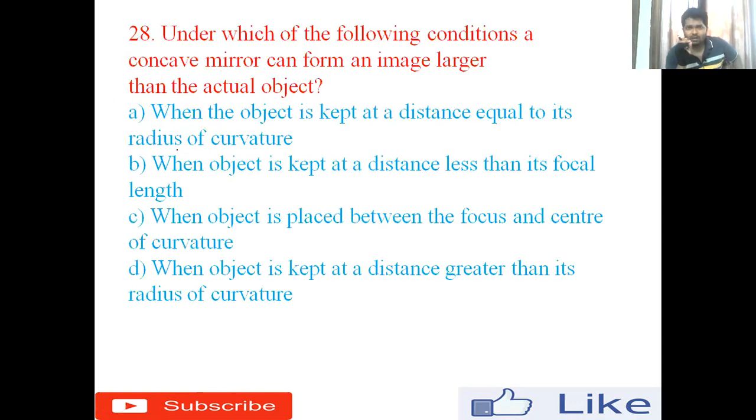28th one: under which of the following conditions can a concave mirror form an image larger than the actual object? Option A, when the object is kept at a distance equal to its radius of curvature. No, that doesn't matter here. Option B, when the object is kept at a distance less than its focal length. No. Option C, when the object is placed between the focus and the center of curvature.